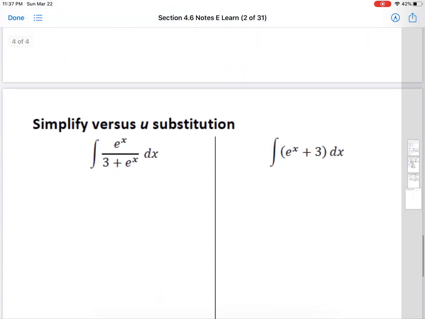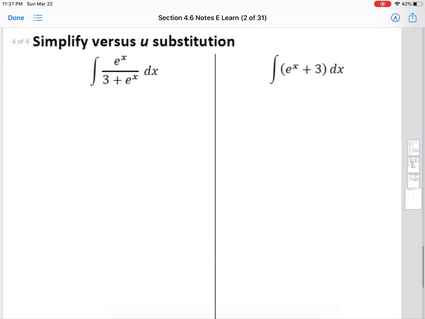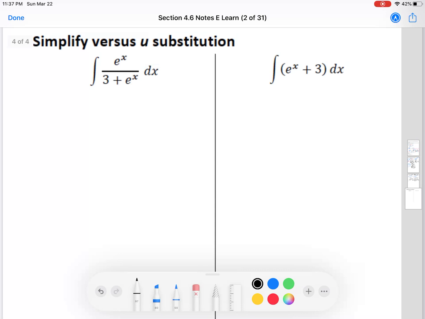There's a few more examples here that I put on the notes. So this is a simplify versus a u substitution. Sometimes I may throw in a homework problem like the one on the right, where one may think, oh, there's e, I need to do a u substitution, but this is actually a lot easier to just break into two simple integrals.